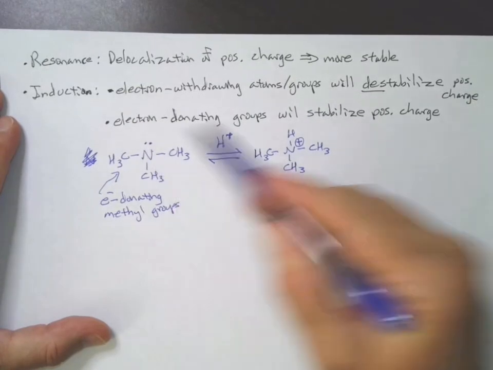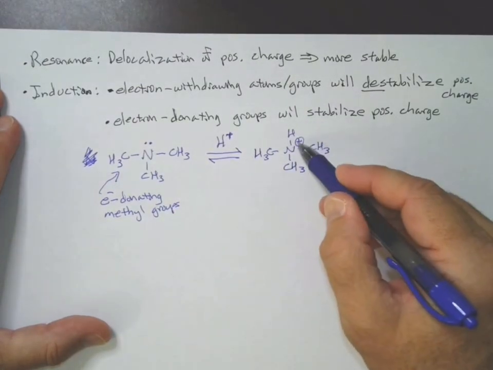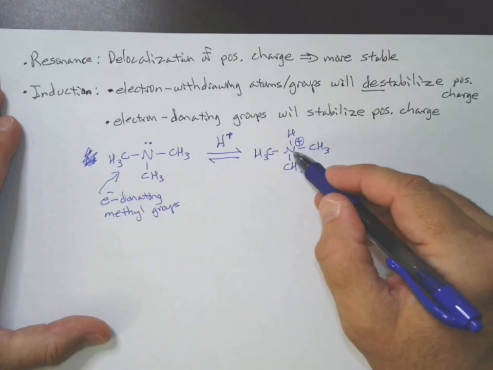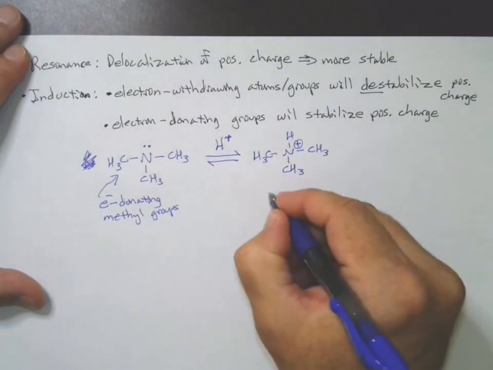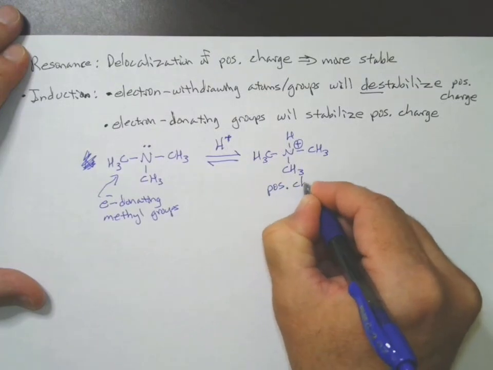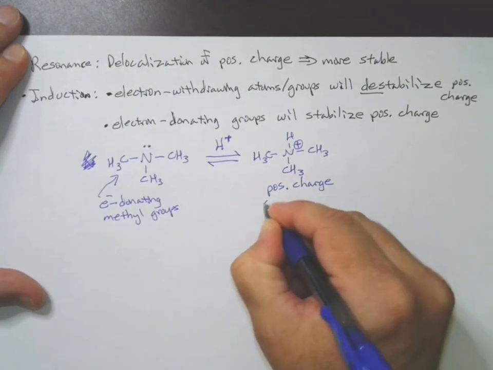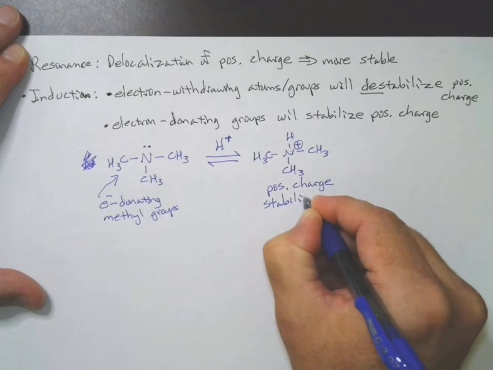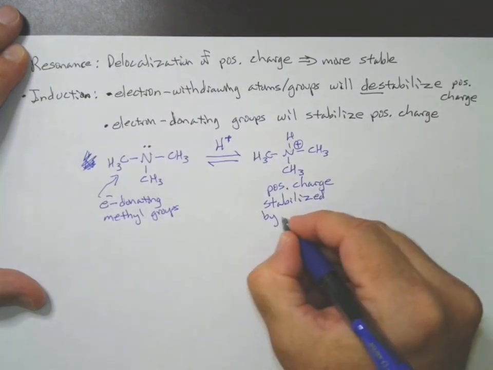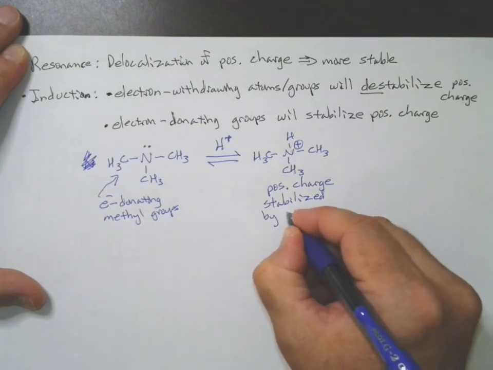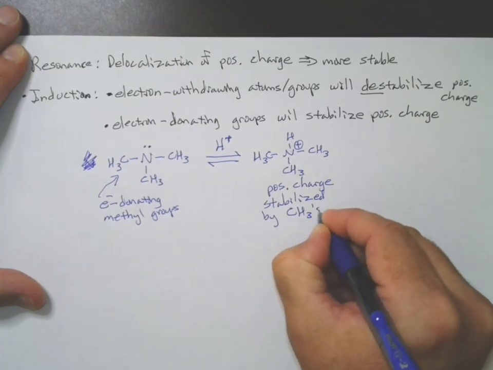So if we protonate our base and get our conjugate acid, now we have a positive charge on our nitrogen. And this should be more stable. So let's say positive charge stabilized by CH3s.